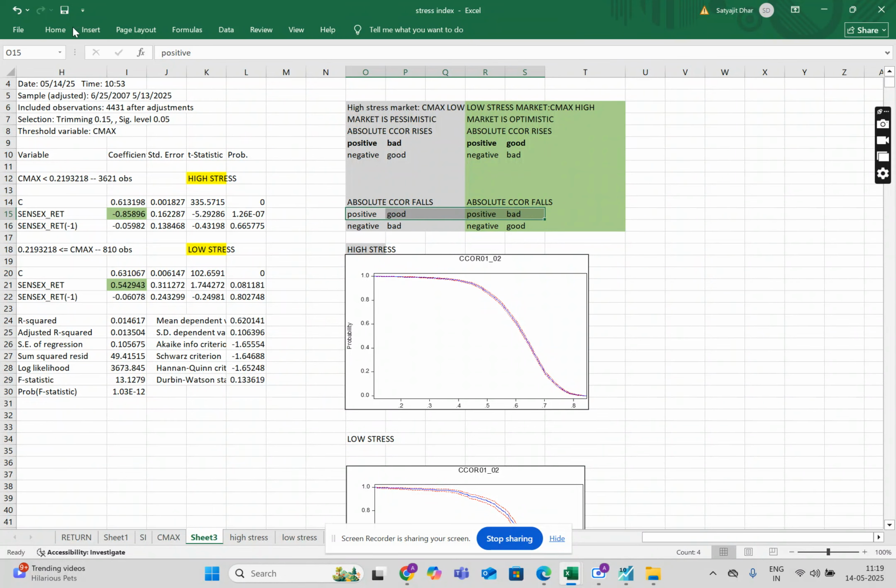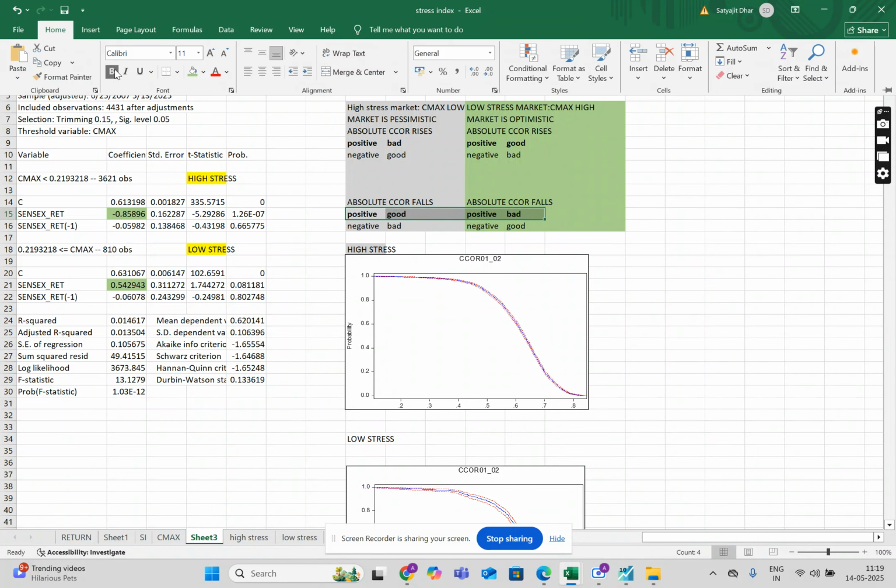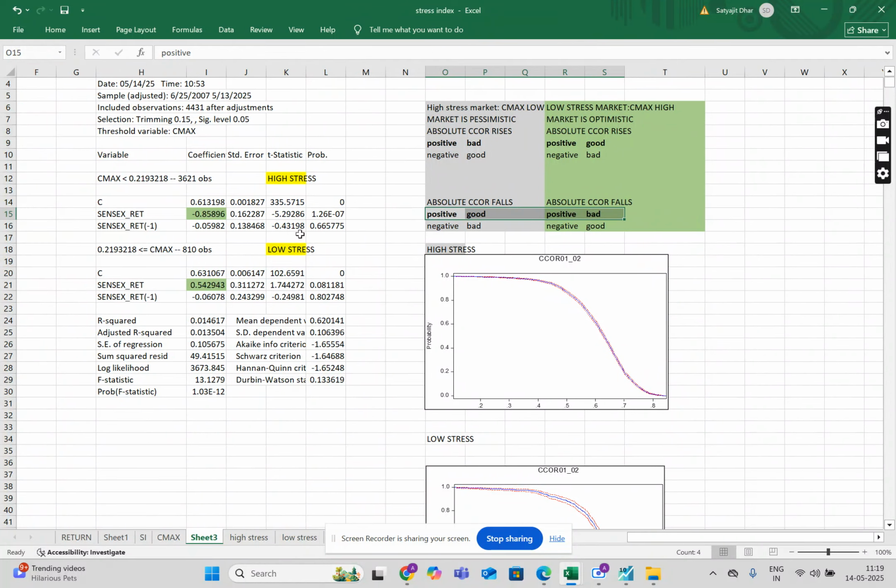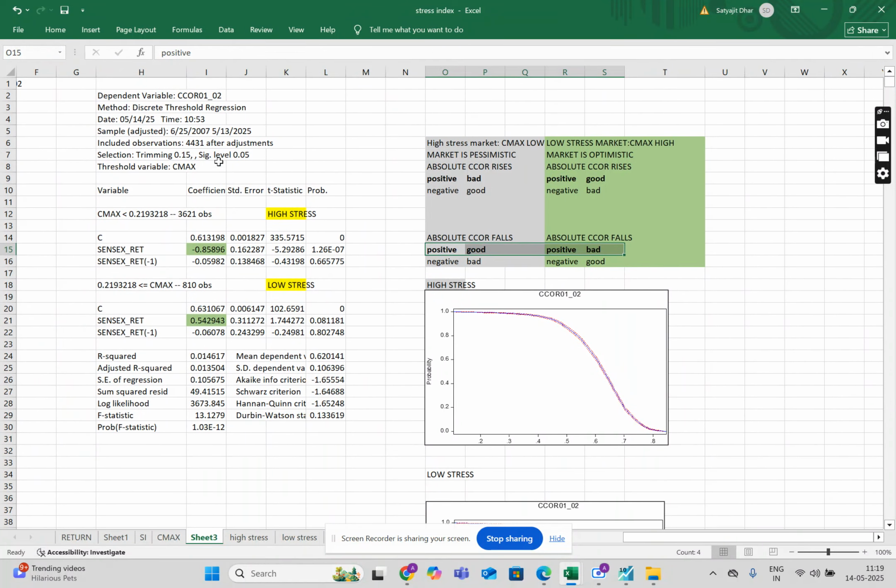So now let's look at this. We have understood that the conditional correlation is positive. Now we will analyze these results. The conditional correlation is positive, and when the market is doing bad, with a rise in my Sensex return, my conditional correlation is falling during the high stress period.